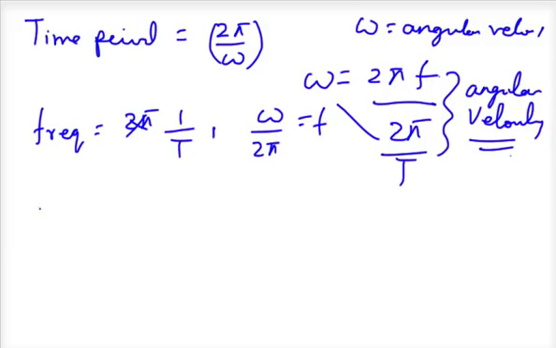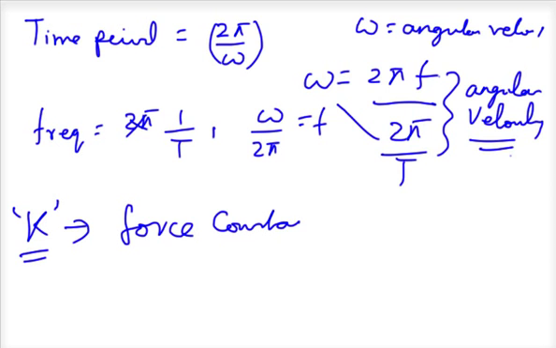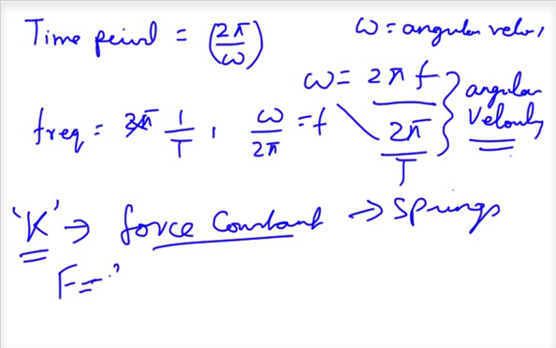Okay, so this leaves me with just one more constant, the value for k. K is a constant which is called the force constant. It comes up in springs. We have learnt F is equal to kx. So this k is called the force constant.